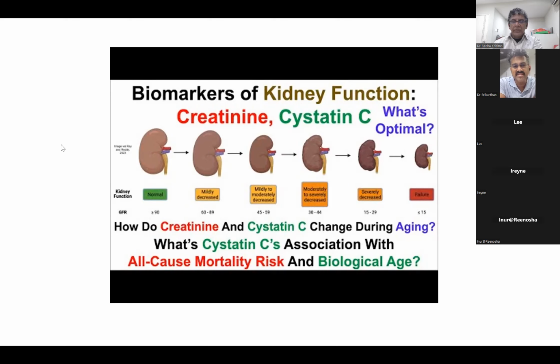What is cystatin C? What does cystatin C signify? It signifies that you are doing the early detection of kidney failure. You are picking up kidney failure way ahead, and this is a very, very specific marker compared to the serum creatinine that we are doing.